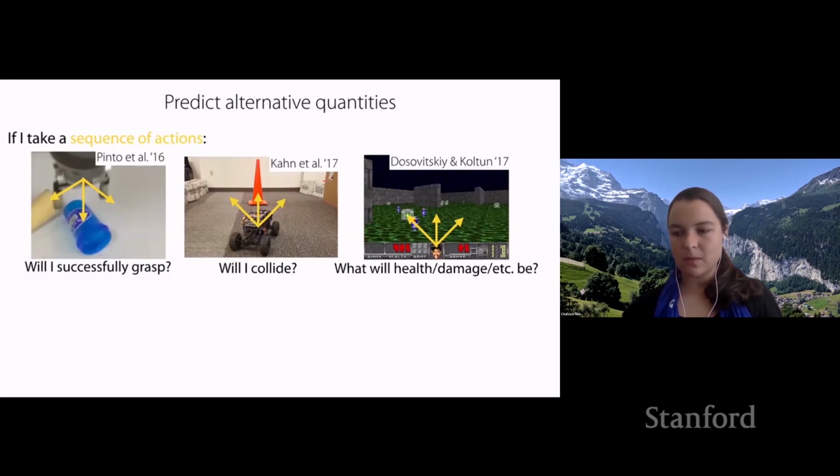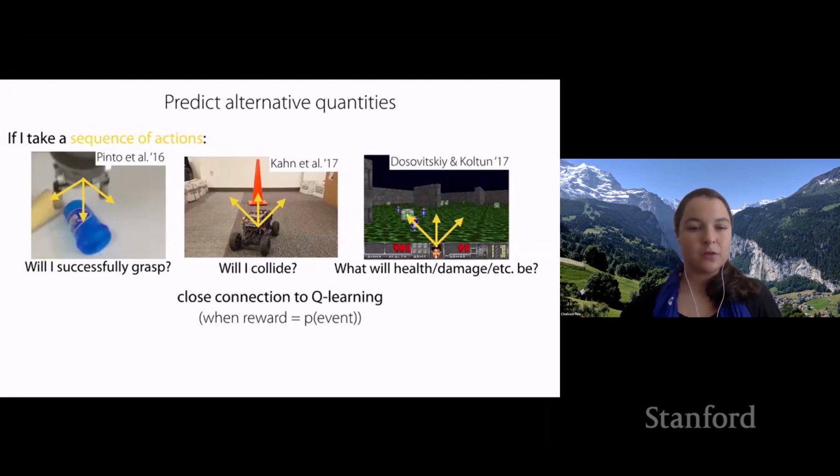You basically consider different possible things that the agent could do, and then you predict the answer to this question. You predict, as a result of my actions, what is the outcome in terms of these specific metrics.